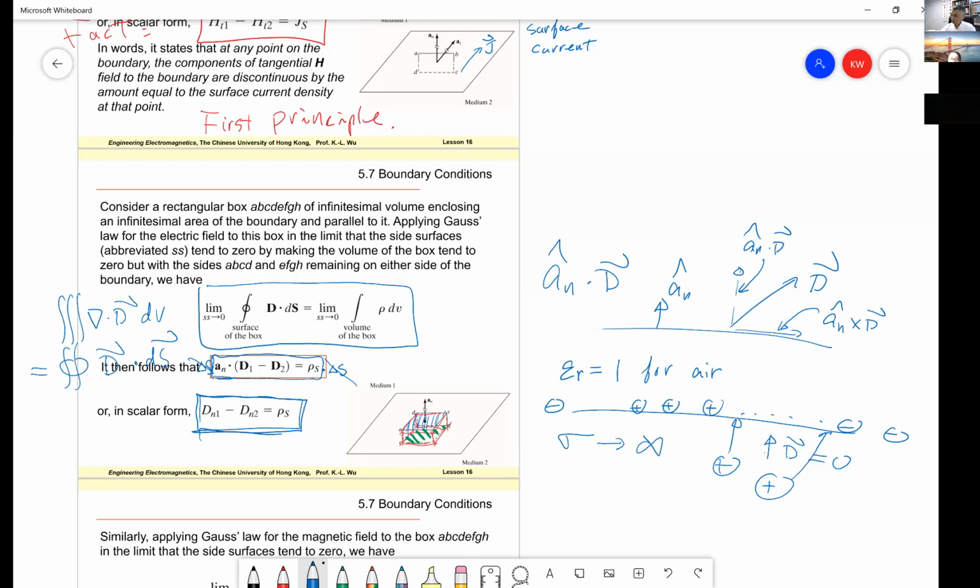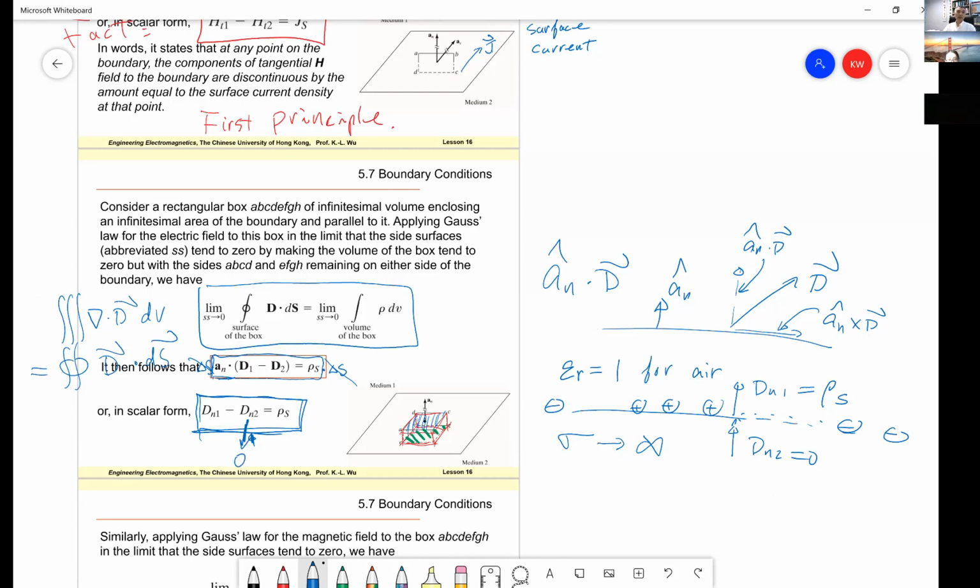If no electrical field inside conductor, then in this relation, D_N2 equals 0, and this will be exactly equal to the charge density, according to this, because this equals 0.